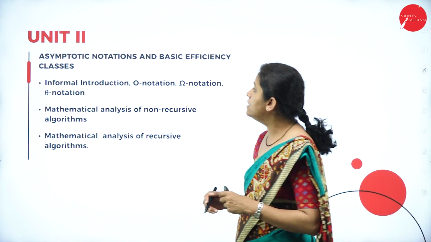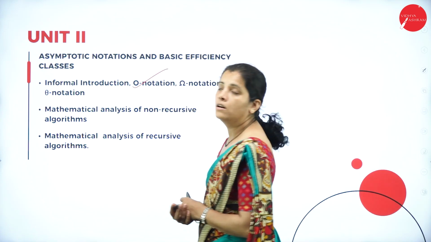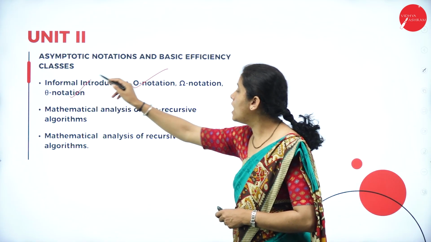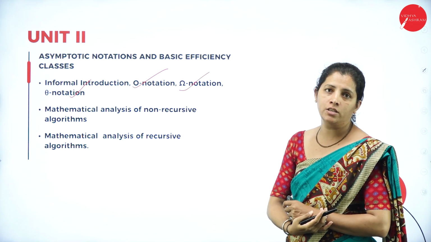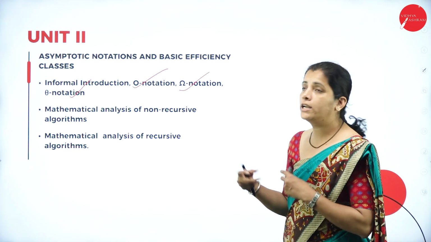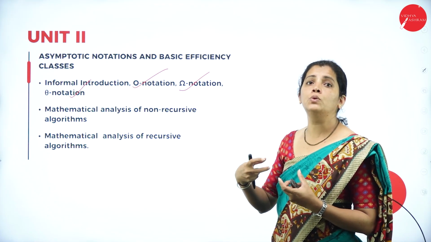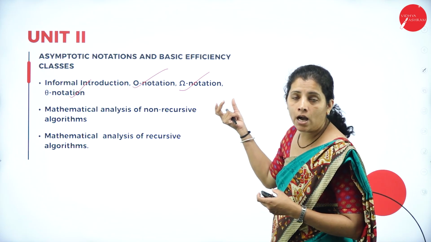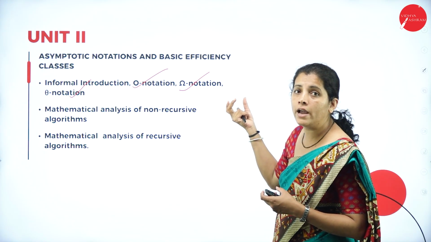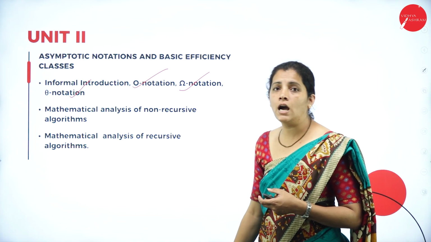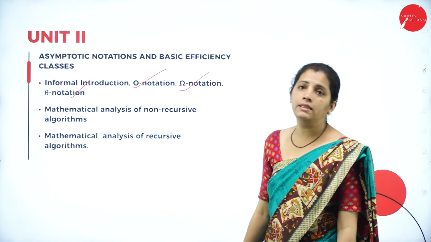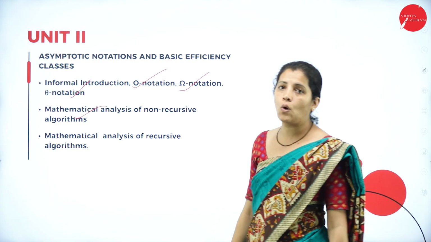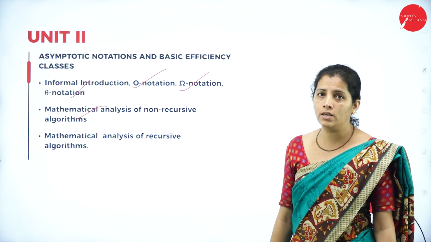In that, we will learn big O notation, theta notation and omega notation. So we are going to learn what is big O notation, how to find the efficiency, what is omega notation, how to find the efficiency, what is theta notation. Along with that, we are going to have mathematical analysis of non-recursive algorithm.